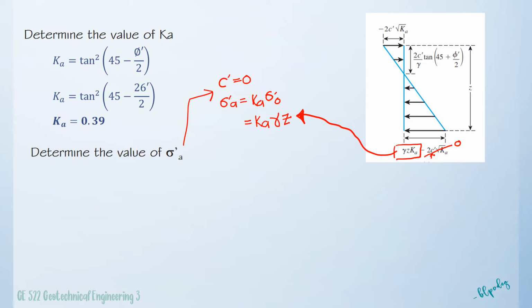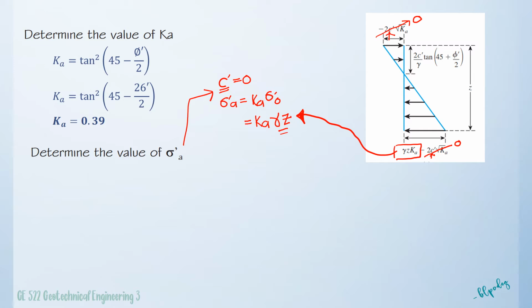Same here: if we substitute 0 for C prime, this will become 0. So again, when the soil is cohesionless, the Rankine's active earth pressure is simply Ka multiplied by the unit weight multiplied by the distance.